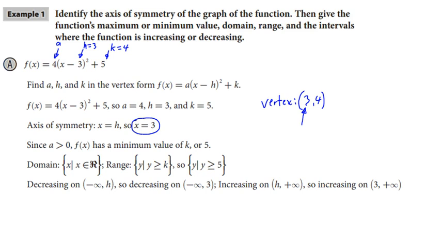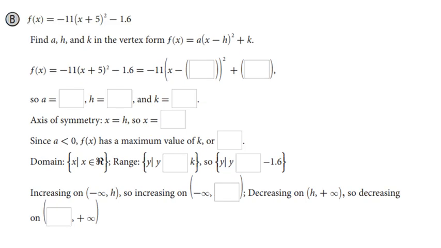So let's go ahead. We have some blanks to fill in here, similar to the last one. We have our quadratic function in vertex form with an a here, with an h here, and in this case h is going to be negative 5, and k is going to be equal to negative 1.6.